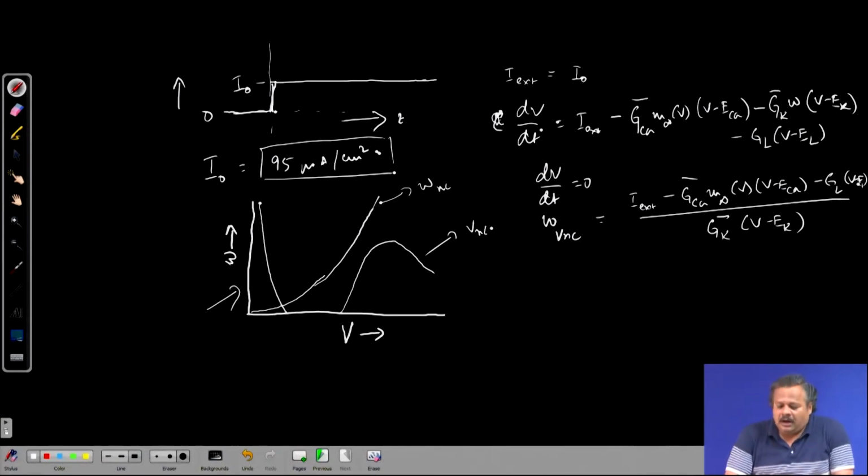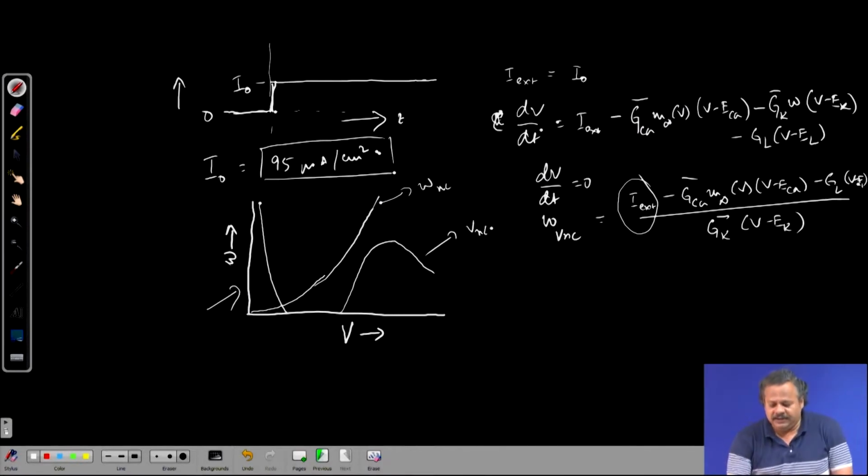Earlier this I external was 0. So that makes a difference in the nullcline, and now the equilibrium point is not at the V rest that we had before; it has moved away from there. Would anything happen to our W nullcline? There is no I external in the W nullcline.